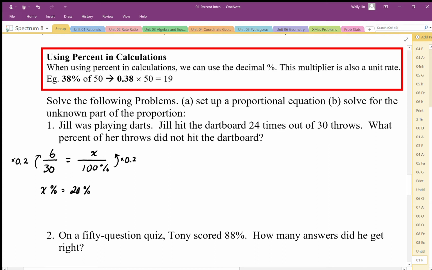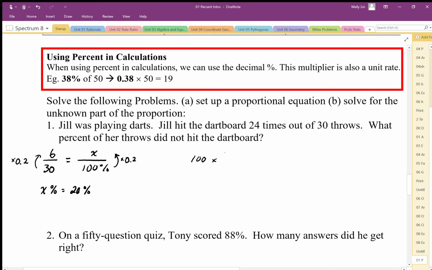So we can solve it like this. We could also solve it this way. We can say that we have 30, and we want out of 100.